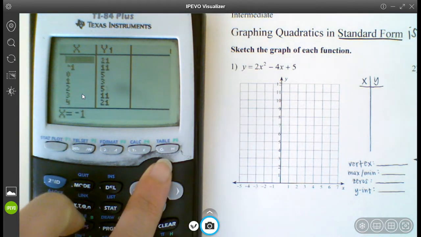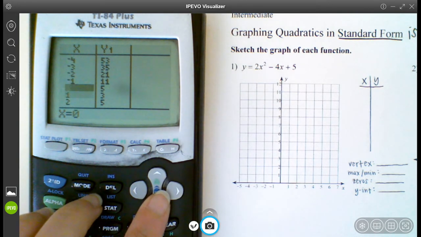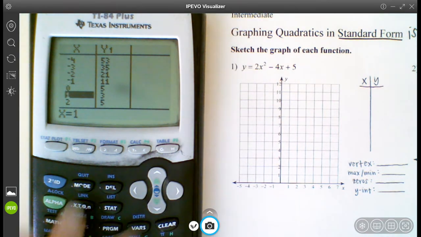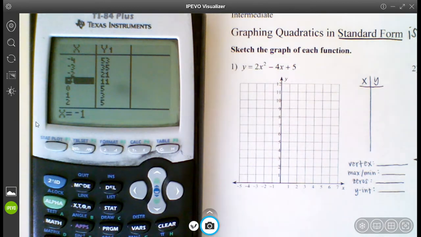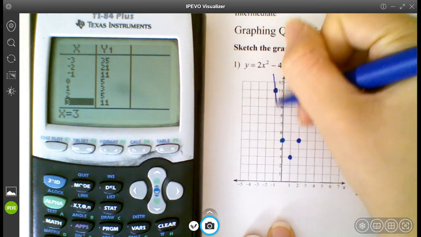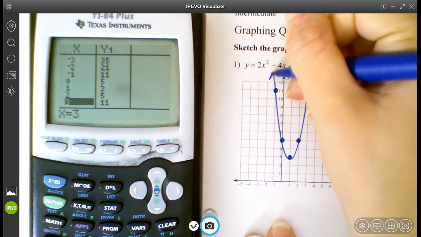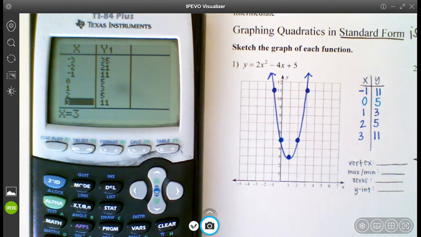So we may want to make sure that we are going into some of our negatives as well. So it looks like our first point would be -1 and 11. So let's make our list of points. And once we plot our points from -1, 0, 1, 2, and 3, we're going to have that happy facing U shape or parabola.